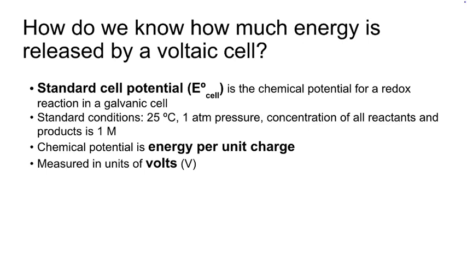Standard conditions are 25 degrees Celsius, 1 atmosphere pressure, and all your reactants and products will be 1 molar. When those conditions are met, we'll then record the amount of volts produced. Volts are similar to kilojoules, they're just a different unit system discovered by different people.